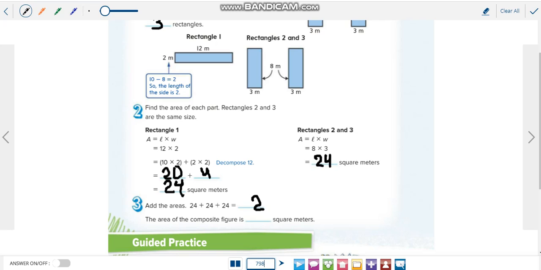So I'm going to put a 2 here, and I carry the 1. 2 plus 2 is 4, plus 2 is 6, plus the one that I have up is 7. So the area of this composite figure is 72 square meters.